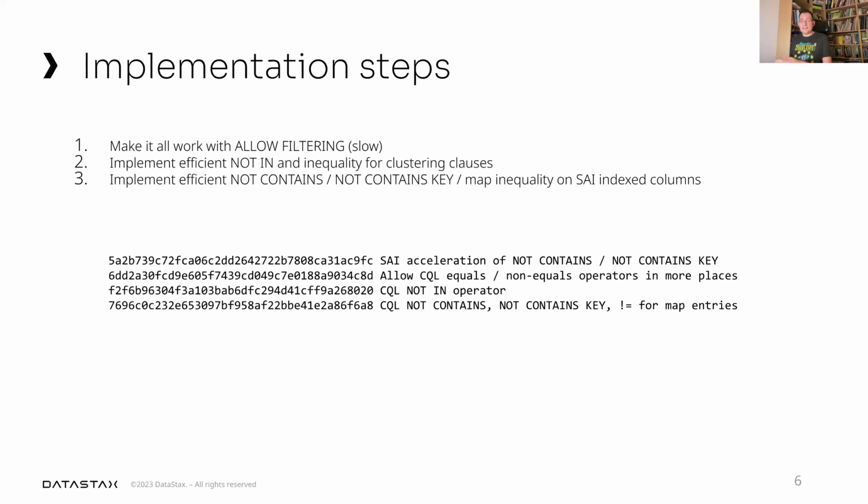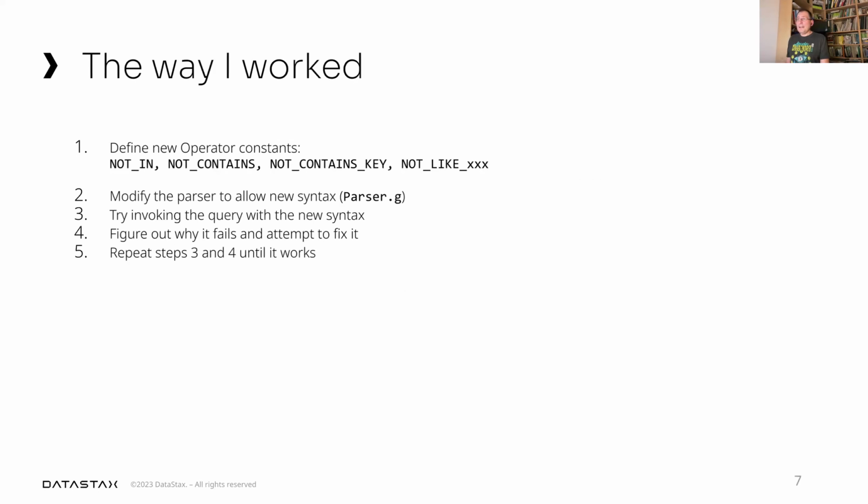So it required a lot of changes in the storage attached indexes code, which was, by the way, introduced by CEP-7 as far as I remember. Initially, when I approached the code after creating the CEP, I had not much idea of where things are in the Cassandra codebase.